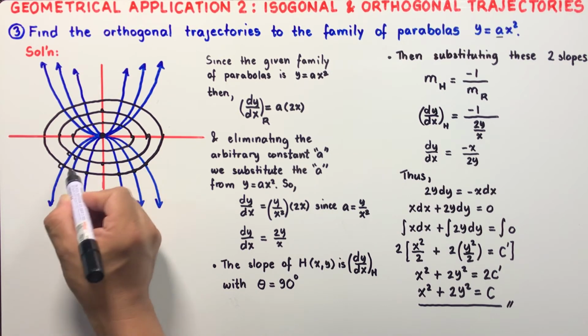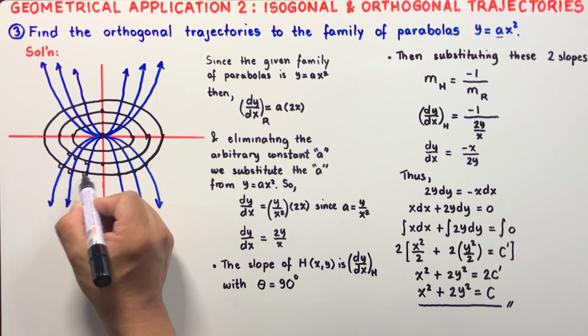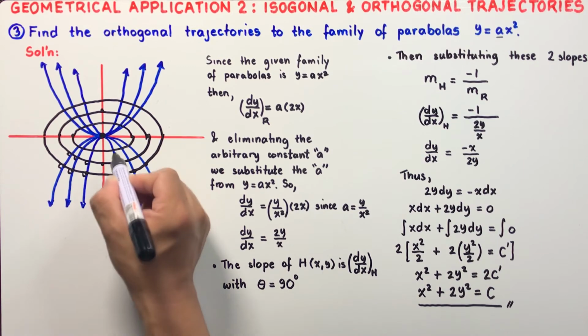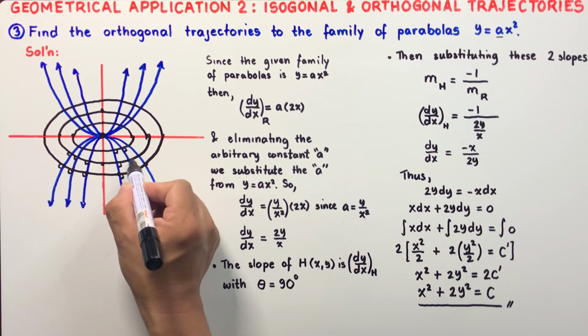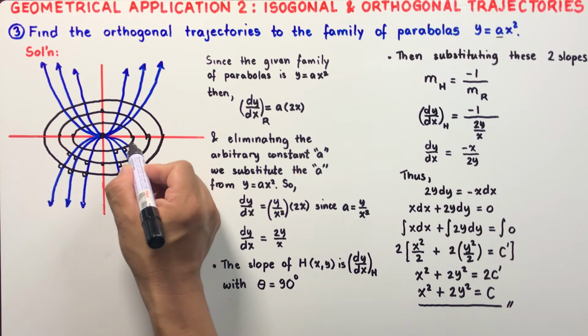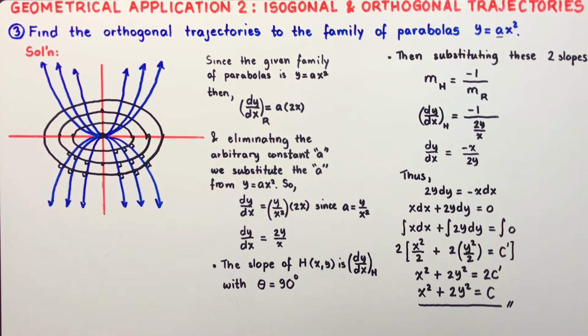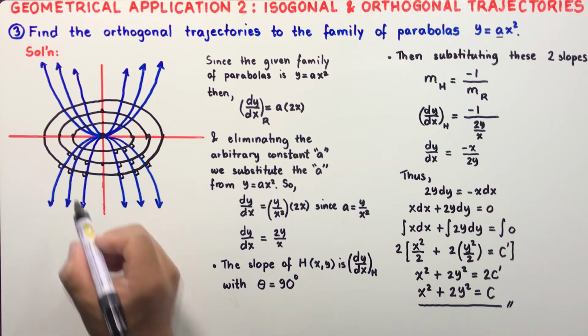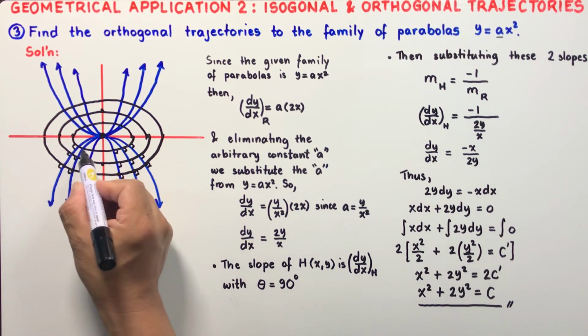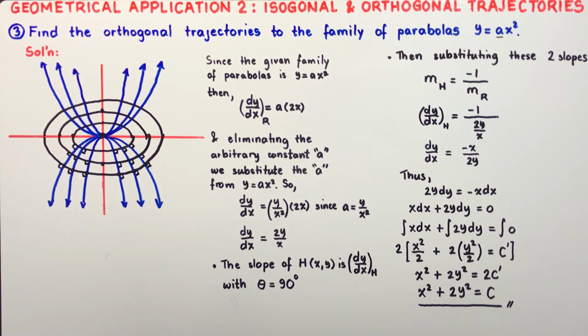So you see here, these are 90 degrees. So every ellipse is intersecting every parabola at an angle of 90 degrees here. And that is what we mean by orthogonal trajectories.